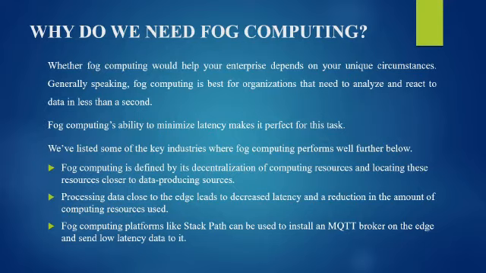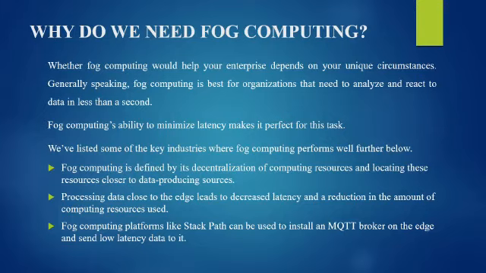Fog computing is defined by its decentralization of computing resources and locating these resources closer to data producing sources. Processing data close to the edge leads to decreased latency and a reduction in the amount of computing resources used.